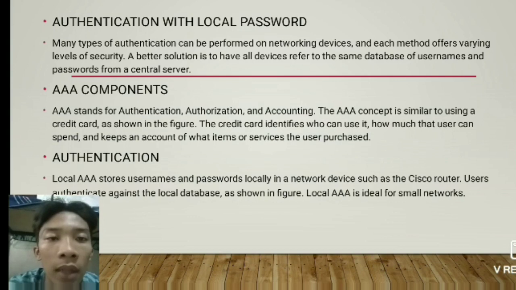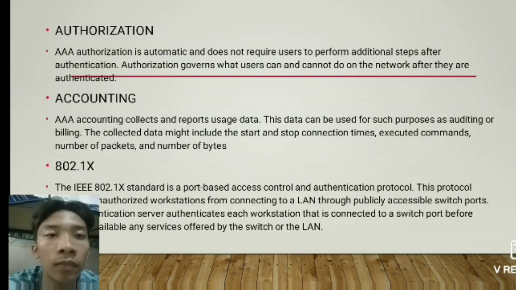Number 2, authentication, is one of the major components of the AAA. This stores the usernames and passwords locally on devices such as the Cisco router. The local AAA is for small networks. Okay, next is the authorization.